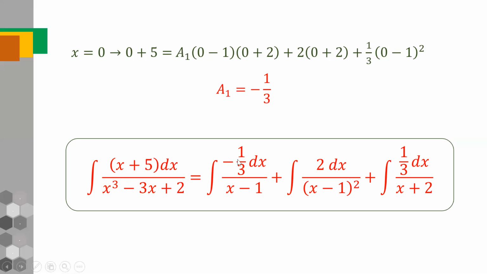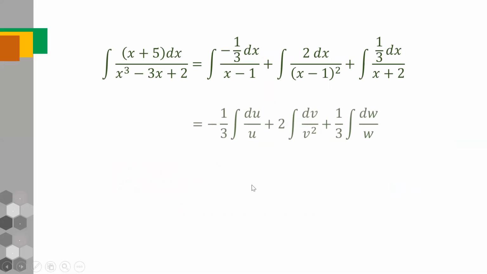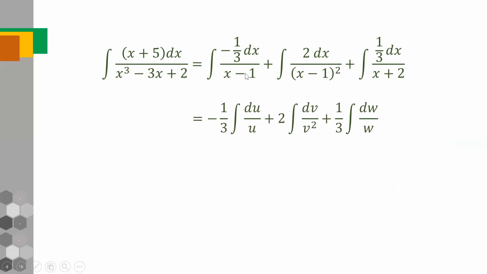For the first one, we can use a simple substitution. We just let u be equal to x - 1. Therefore, this integral can be transformed into -1/3 times the integral of du over u. The second one, we can let v be equal to x - 1, so we have 2 times the integral of dv over v squared. And the last one, we can let w be equal to x + 2, so you have 1/3 times the integral of dw over w.